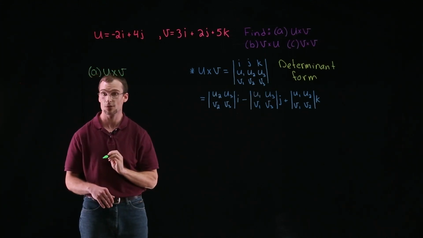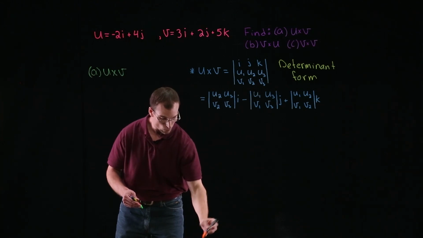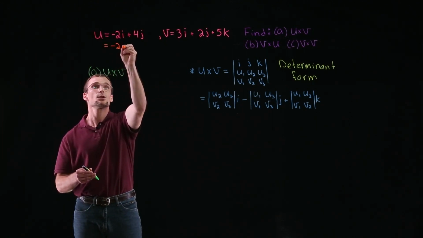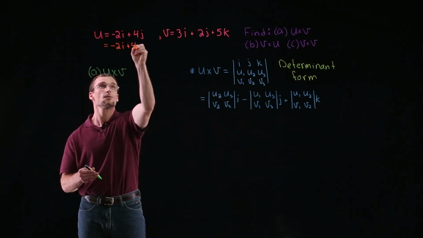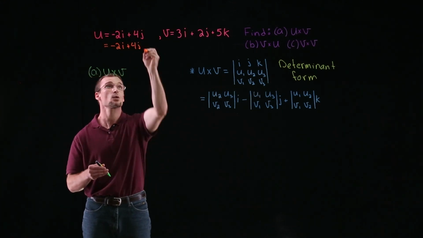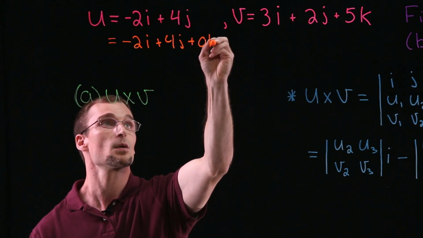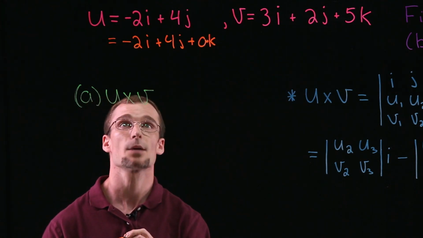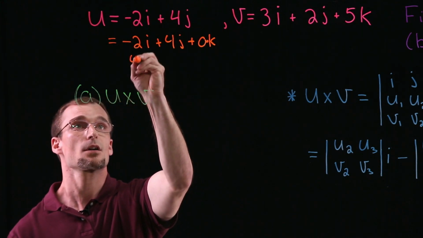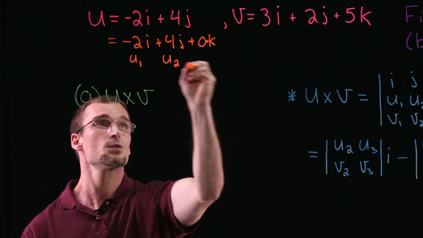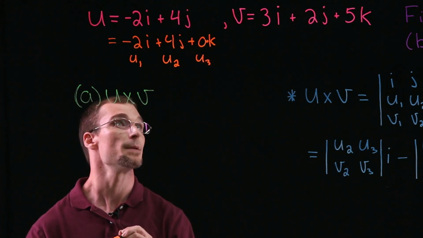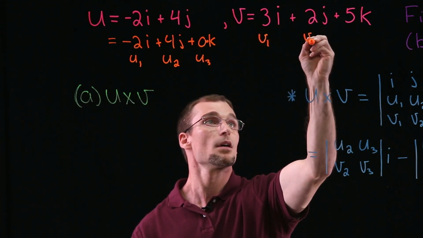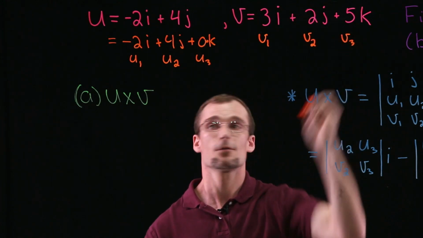First we need the components of u and v. Looking at our u up here, it is equal to negative 2i plus 4j. Since there's no k component, we can interpret that as plus 0 times k. So this gives us our u1, u2, and u3, and of course for v we have v1, v2, and v3.